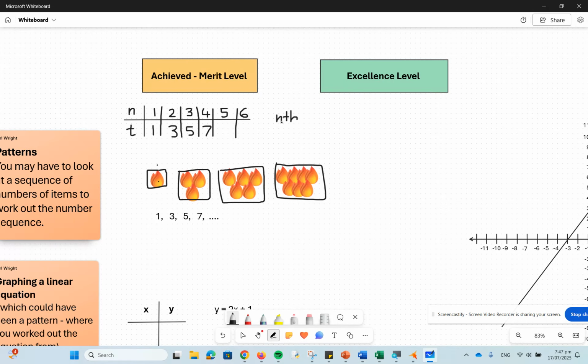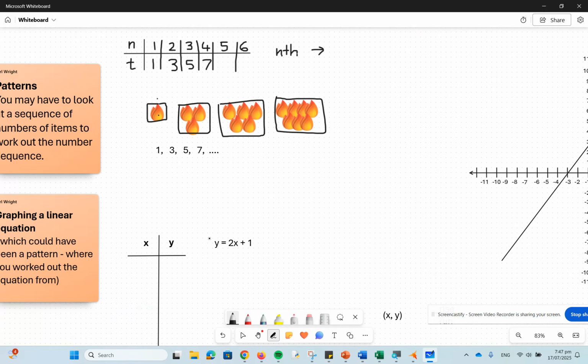You have to work out a rule to be able to find the nth term, and that's where it heads towards excellence, when you find the actual equation which plots this. The equation will look something like y equals 2x plus 1.